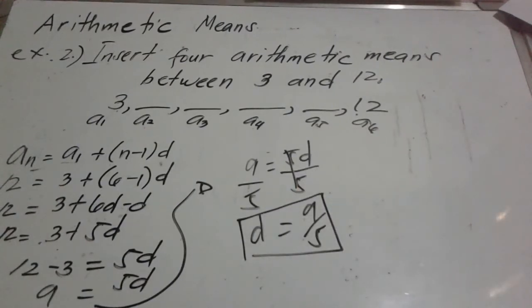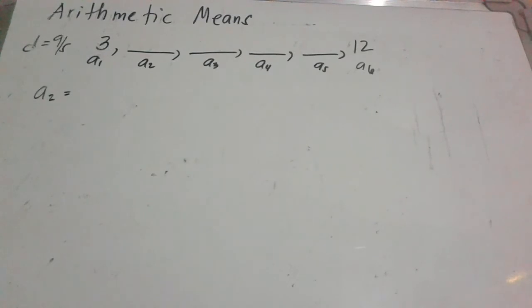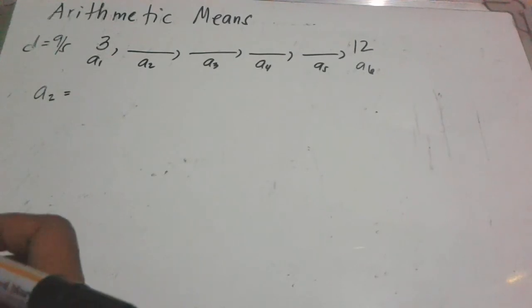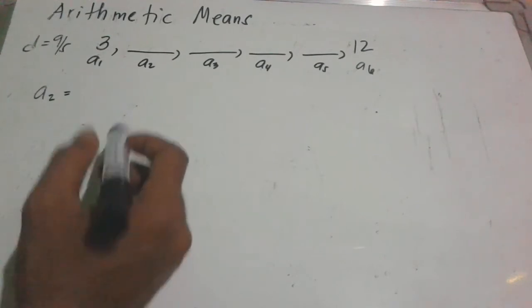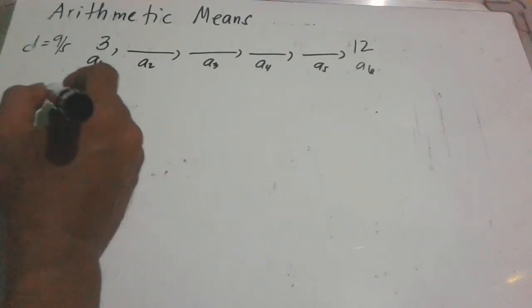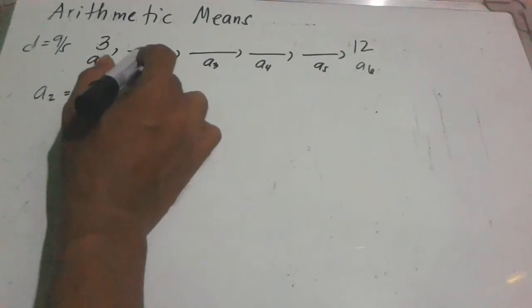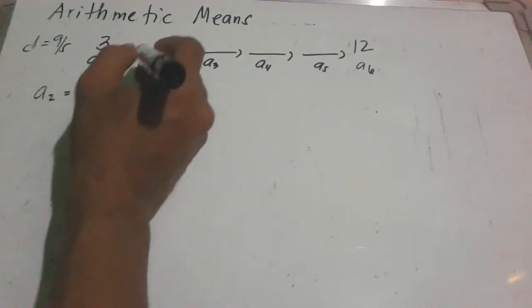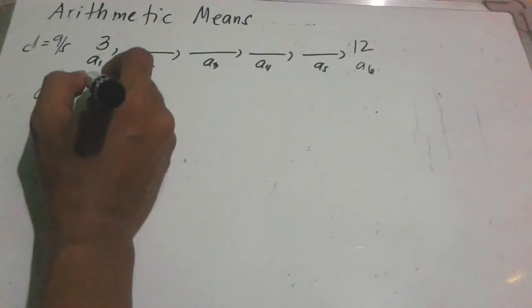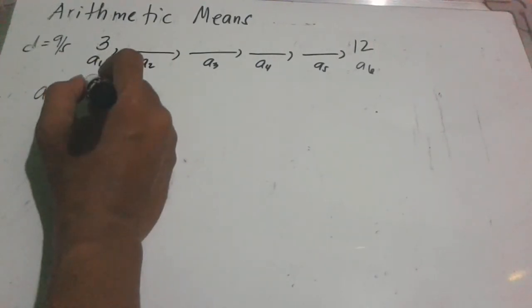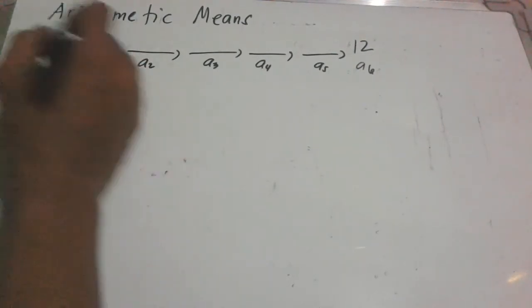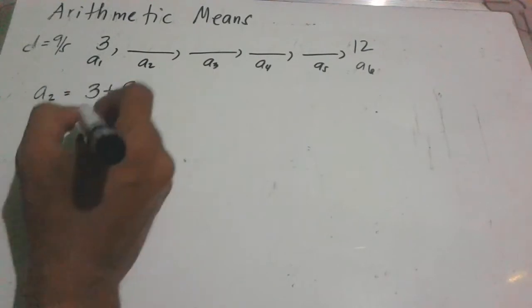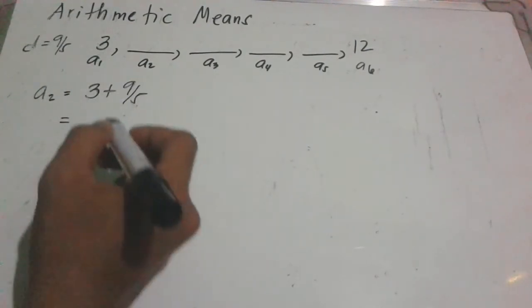Since we got the common difference, which is 9 over 5, we now get a sub 2. Our first term, a sub 1, is 3, and then we just add the common difference, 9 over 5.